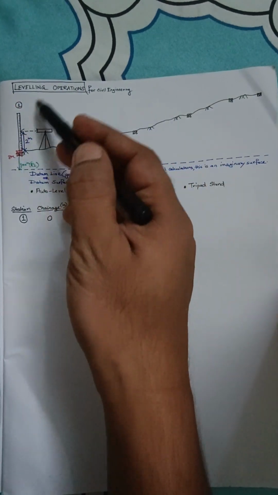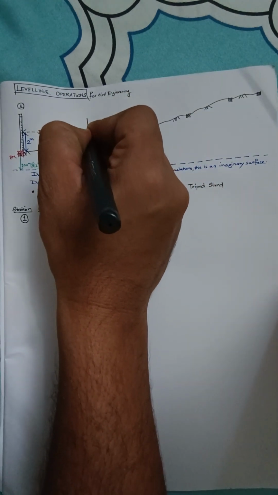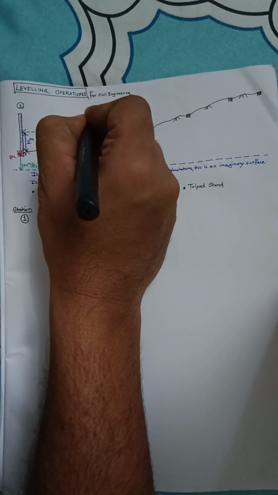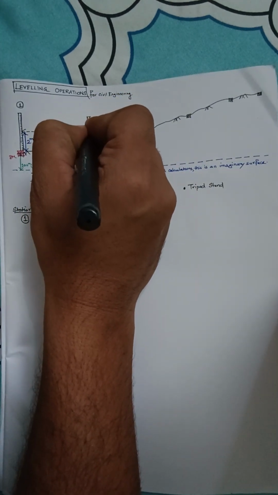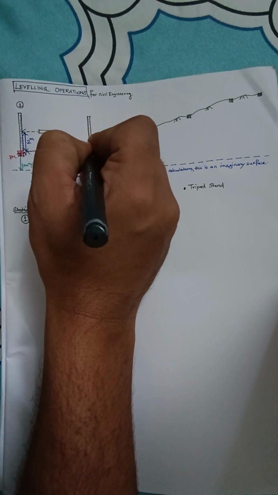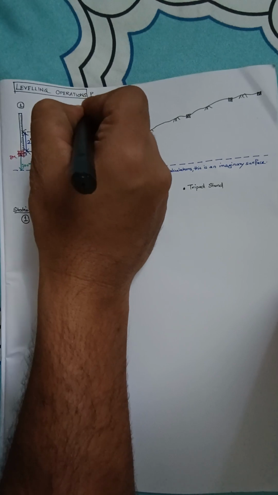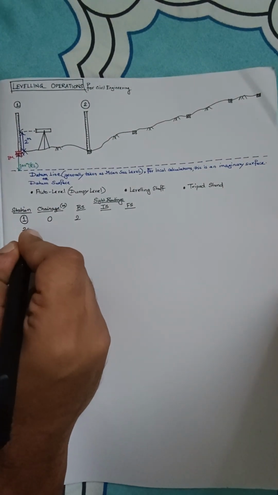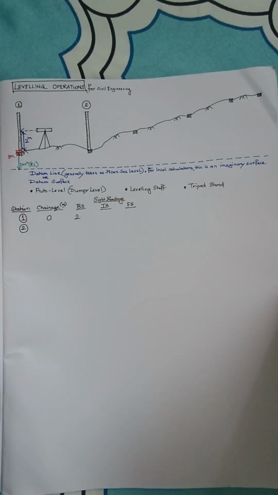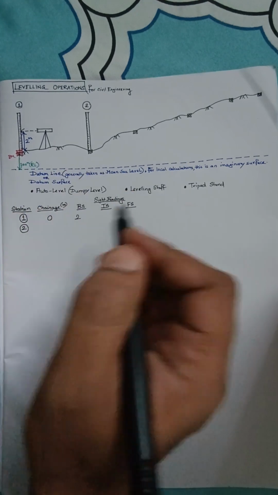Now let's move this to somewhere over here. So I have to draw it further. Now you see that I have moved the leveling staff from station 1 to station 2. Now you have come to station number 2. Say this distance is 10 meters.